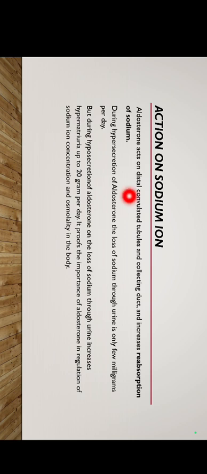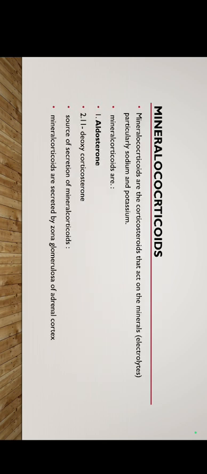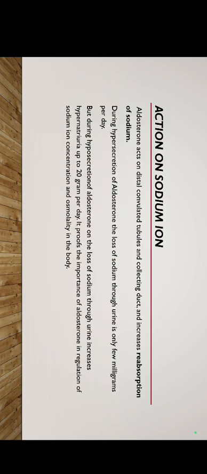In the hypersecretion, we have only a few grams excreted in the urine, and in the hyposecretion of aldosterone, we have excessive sodium loss into the urine, like 20 grams per day. It proves the importance of aldosterone in the regulation of sodium ion concentration and the osmolarity in the body.